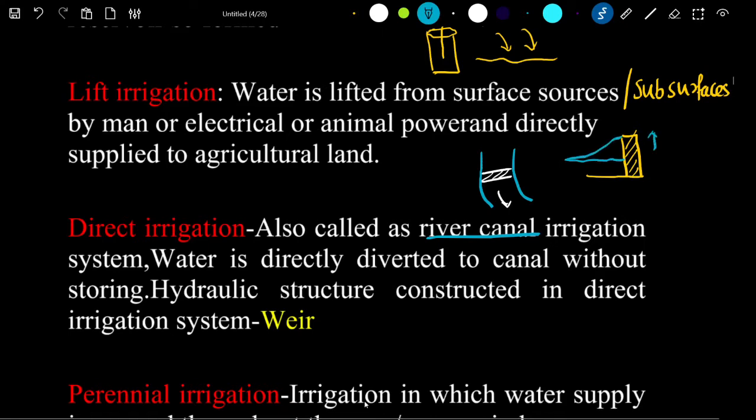Now, this heading up of water is what you call the afflux, which can also be asked as a question. So, the purpose of this weir is just to increase the water level so that it can be diverted through some canals etc. to the fields. So in direct irrigation, the structure constructed is a weir, and here the purpose is not to store water but just to divert the water.